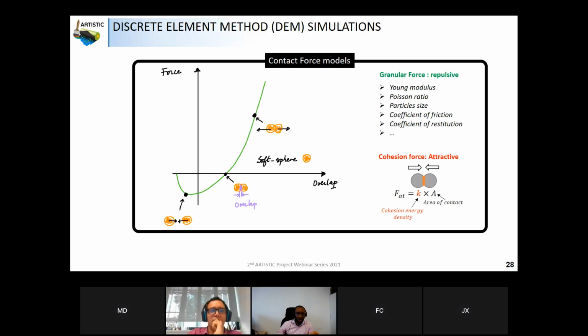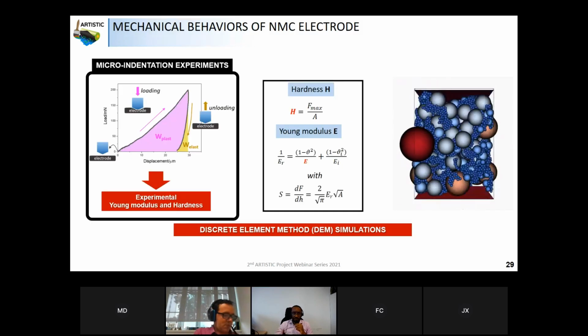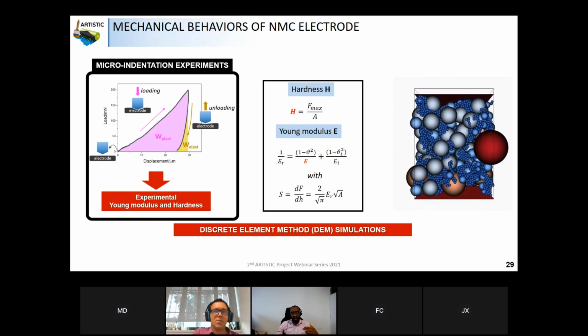Here I show how, depending on the overlap between the particles, the interaction between the particles will change. You have a repulsive and an attractive part, because we add some attractive interaction in our system, depending on the contact surface between the particles. And then we perform calendering.